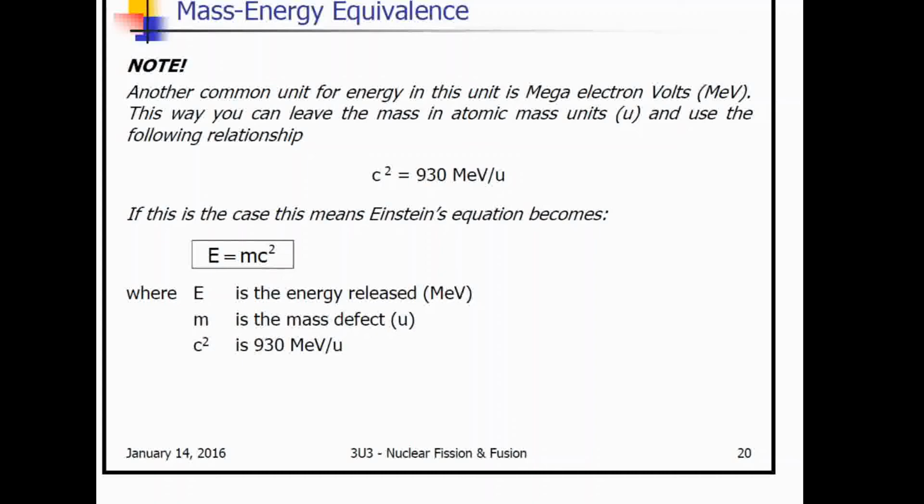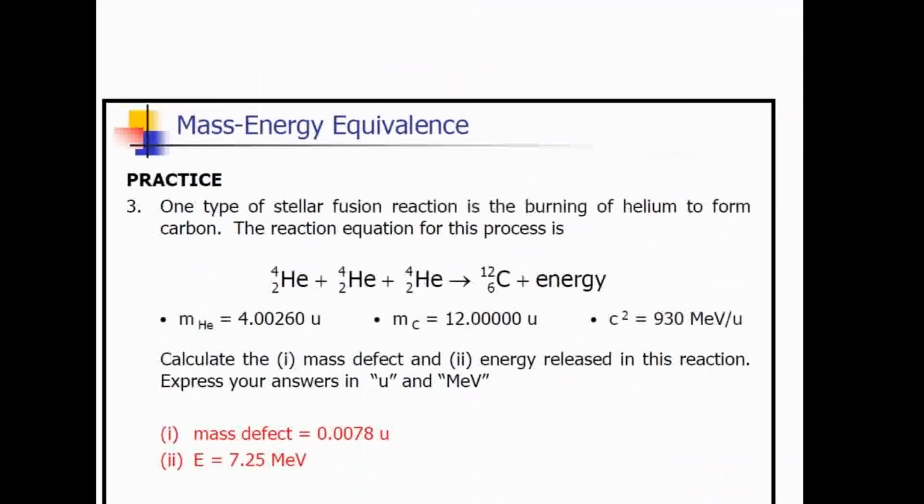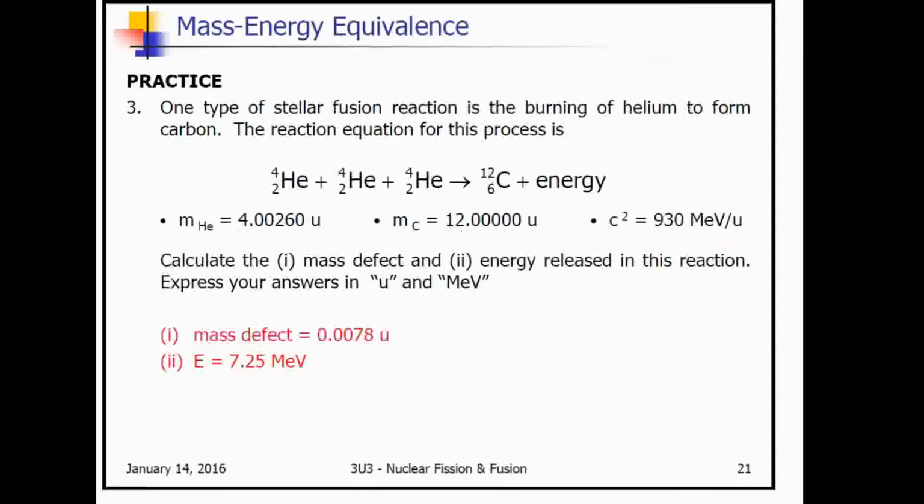C squared can also be written in mega electron volts per U. This makes it a much more convenient measure. We won't do that, just to keep it a bit easier, but keep that in mind. There is another way to convert to energy. We're going to do this last question using 1.66 times 10 to the negative 27.